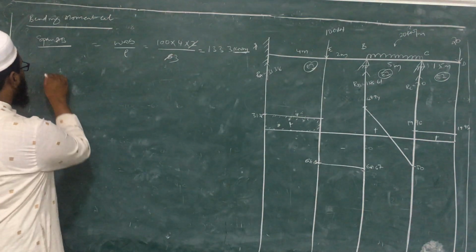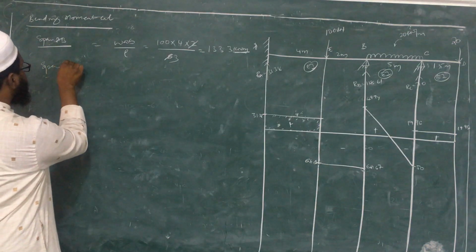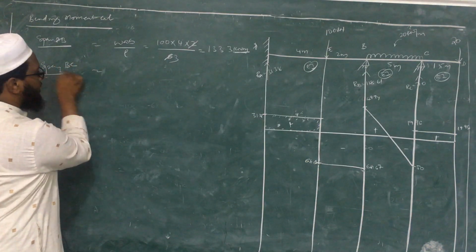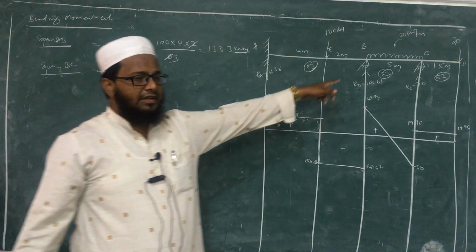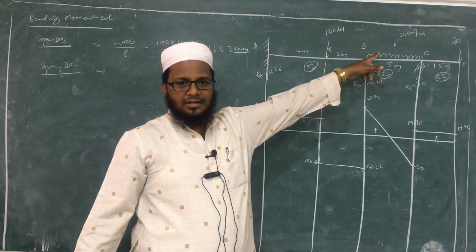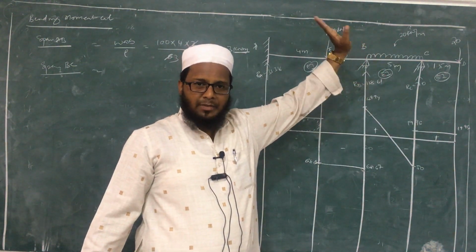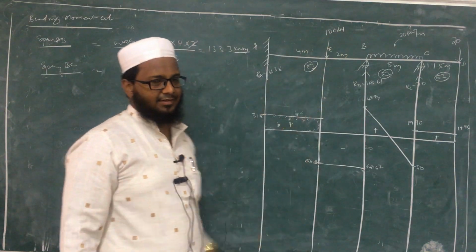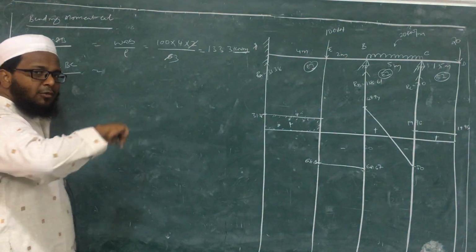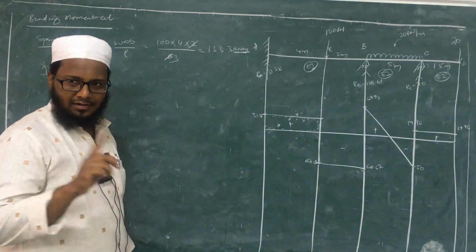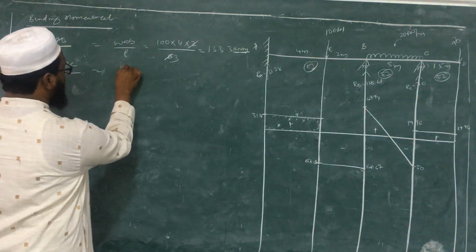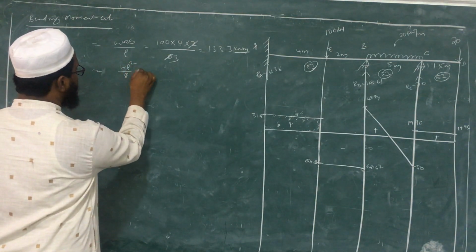Now for span BC, whenever you see a UDL, the bending moment will be WL square by 8. For fixed end moment, WL square by 12. So WL square by 8.